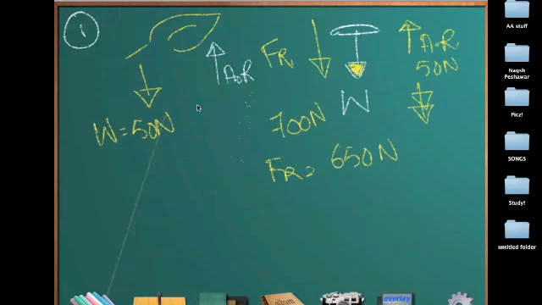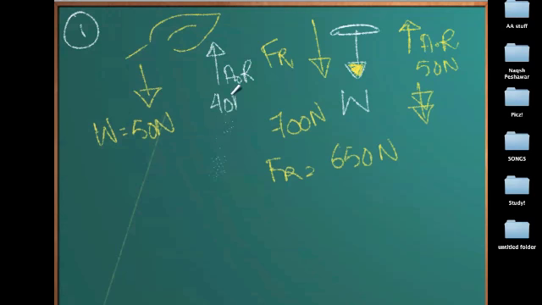Now, if you notice, the air resistance and the weight are in opposite directions. So let's say the air resistance is 40 newtons. The resultant force would still be in the downward direction, because the weight is greater. It will be 50 minus 40, 10 newtons downward.